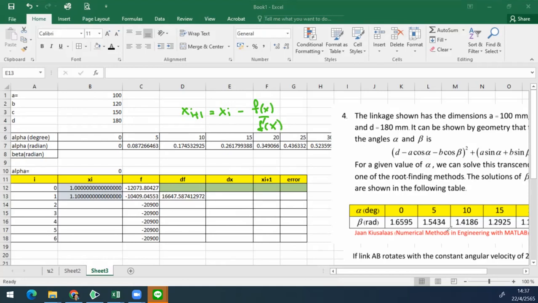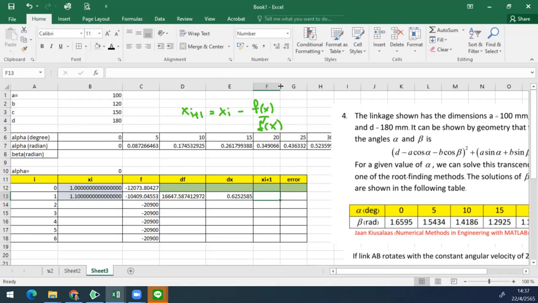Okay, so now we may define delta x as minus f of x divided by f prime of x. So it becomes like this.